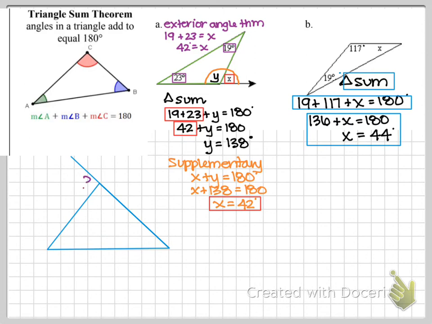But you've got to play by those rules. So if this is the example that we're going to use and say this is x that we're trying to find, the two remote interior angles, not next to x, go back inside the triangle, and you're going to find the two angles that are not next to x.